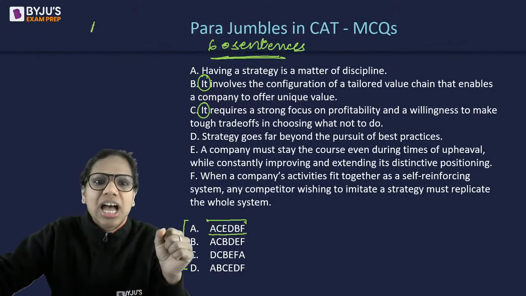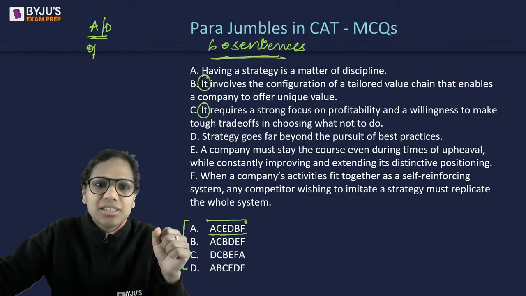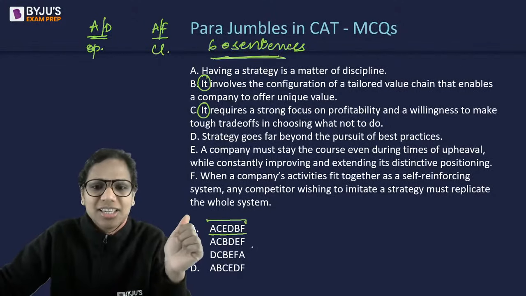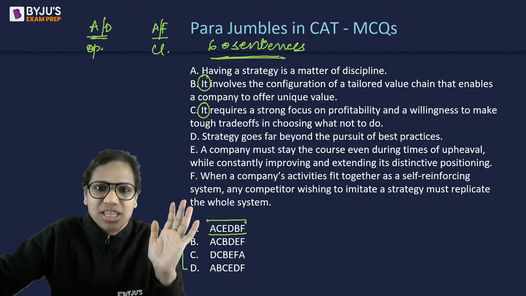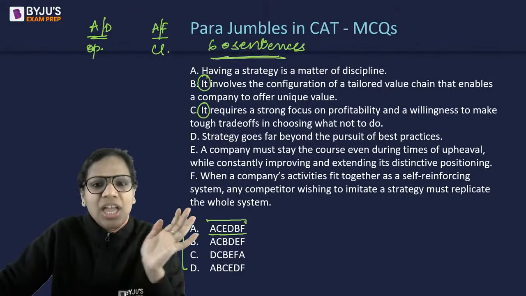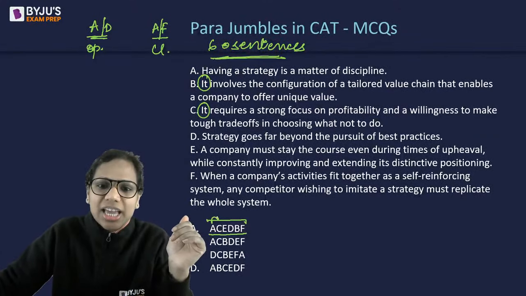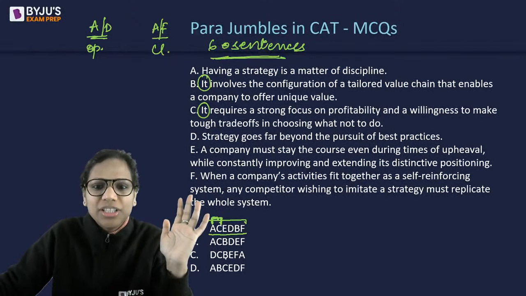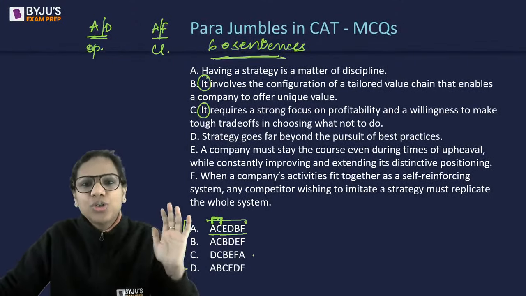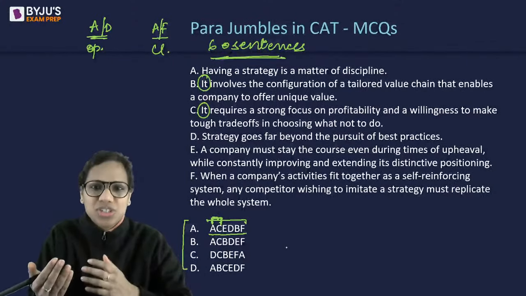For instance, either A or D is the opening sentence, either F or again A is the closing sentence. This much I can gather from my options. Now I'll start solving, and let's say I identify that AC is a pair. If I identify that AC is a pair, C and D go out of the window right there. So this is how you proceed.